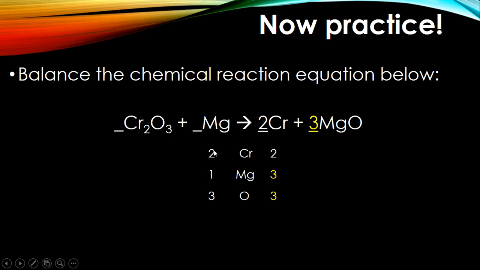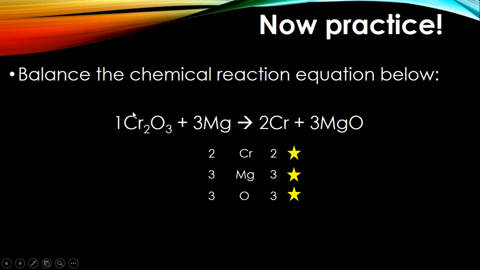And magnesium's by itself, so this is nice, because if I add a coefficient right here, it's not going to affect anything else. So I'm going to put a 3 here, and that'll go from 1 to 3, because 3 times 1 is 3. And so I have balanced my chromium, my magnesium, and my oxygen. So this would be my complete balanced chemical equation.